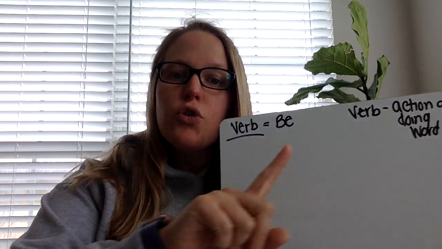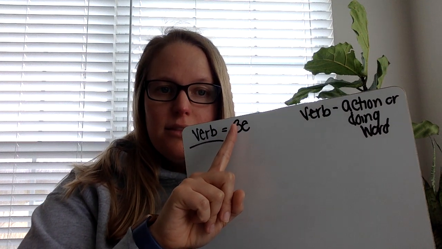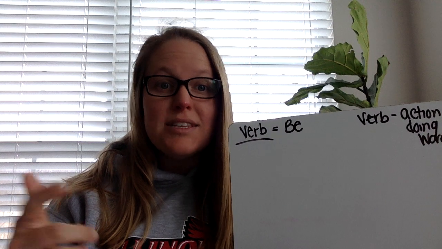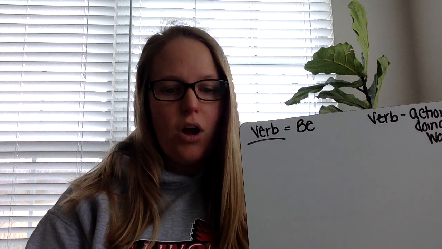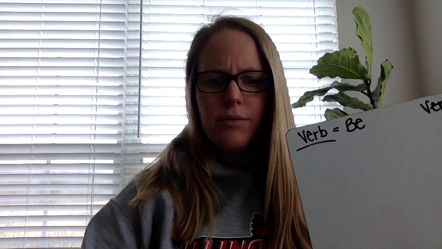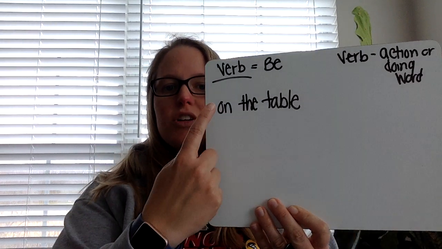All right, so the word be as a verb shows up in a lot of different forms, and that's what we're going to look at today. I'm going to push my computer back here real quick so I can write a little bit easier. We are going to look at the different ways that the verb be comes up.